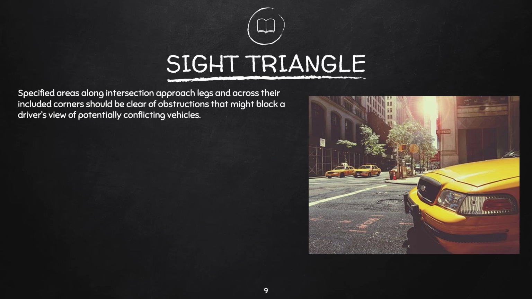So from this driver going straight, on this portion he needs to have a clear view, and we call that a sight triangle. Later we will have a different image that will show it on top view for us to be able to see it clearly. But I guess you have an idea of the different angles that the driver needs to have a view of whenever he will do a certain maneuver.